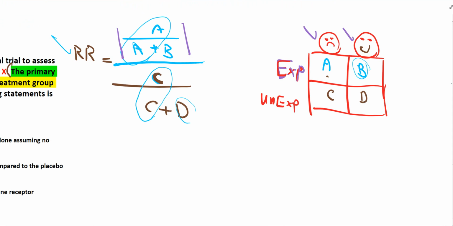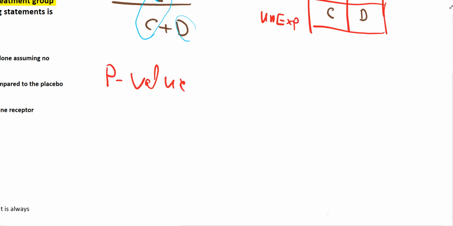Now something else I want to talk about is the p-value. What is a p-value? It's basically a pre-calculated computerized value. Let me give you an example. Let's say you are trying to find the association between smoking, your exposure, and lung cancer.